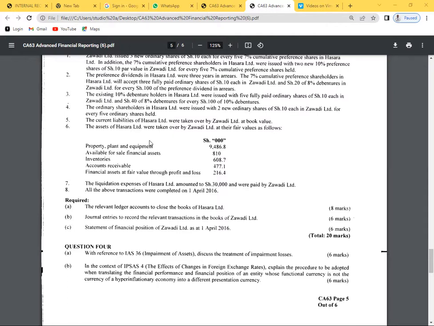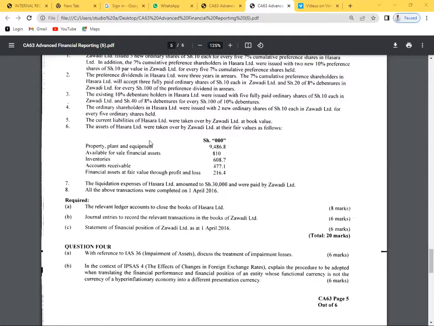After accounts receivable, I'm able to see another asset called fair value through profit and loss, which is giving me 216.4. Those are the only assets that we took for sure, and we are debiting the accounts.